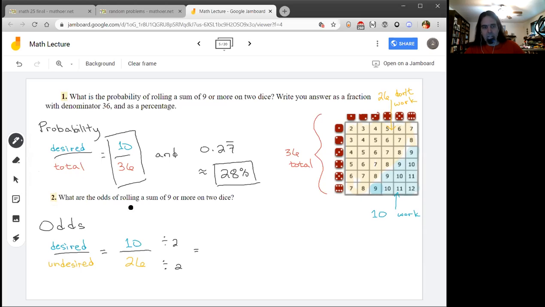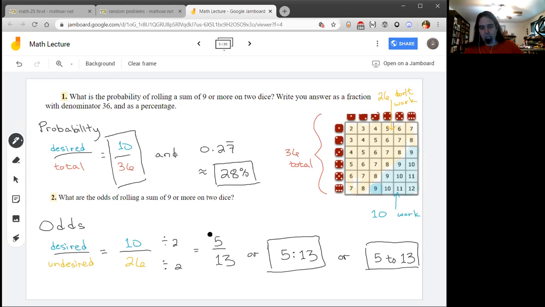So we could say it's 5 over 13, or sometimes people write it with a colon, or sometimes we just use the word to. So you don't have to write all three of these. I am just showing you that all three are legitimate ways to write it.